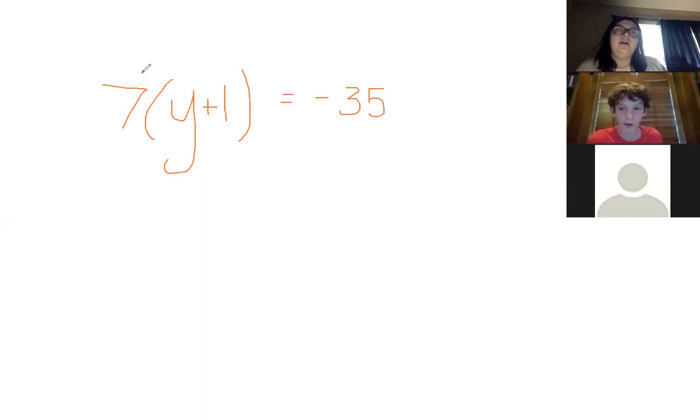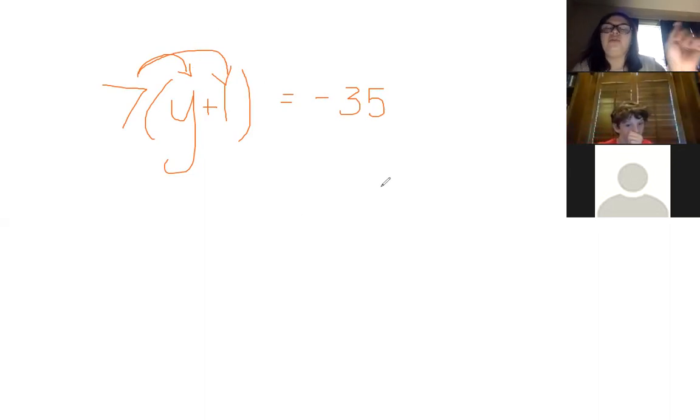So someone come off mute and tell me, if I have this scenario of 7 parenthesis y plus 1 parenthesis equals negative 35, what would I get once I distribute that 7 on the left side? 7y.